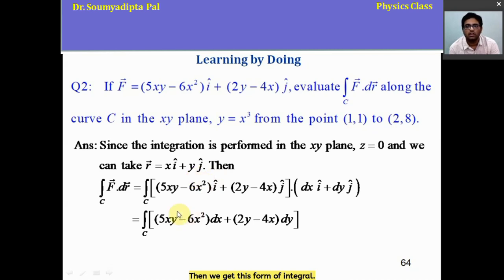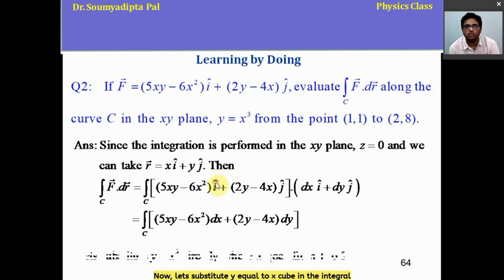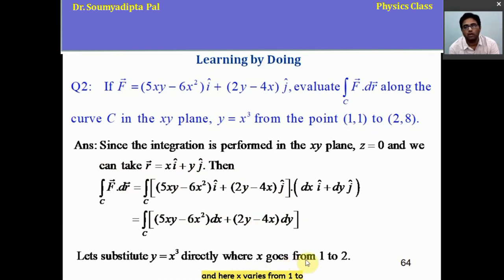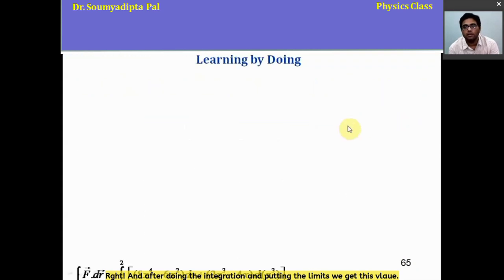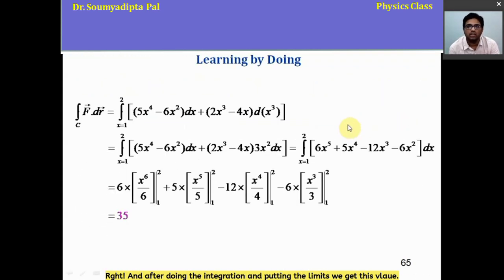Then we get this form of integral. Now let's substitute y equals x cube in the integral, and here x varies from 1 to 2 because this corresponds to the points (1, 1) and (2, 8) respectively, as given in the problem. And after doing the integration and putting in the limits, we get this value.